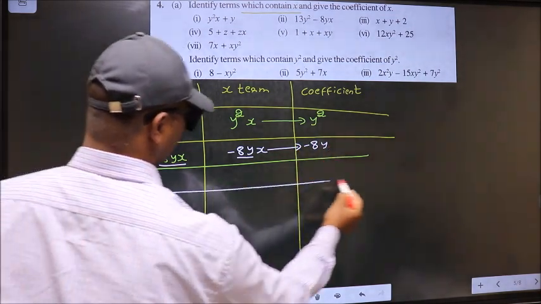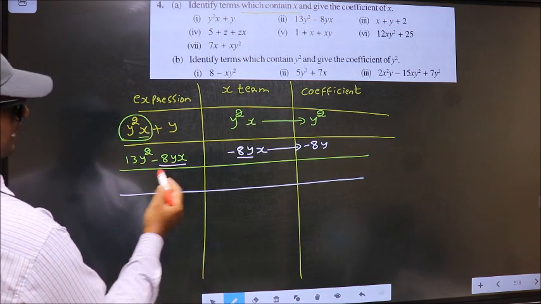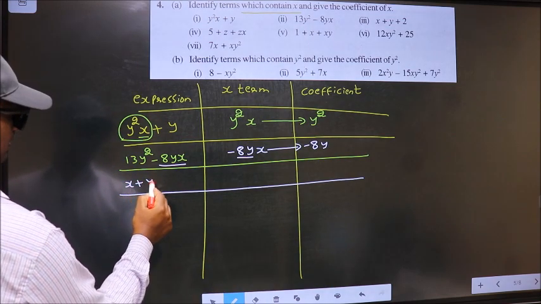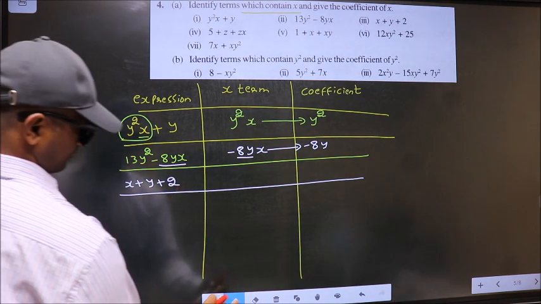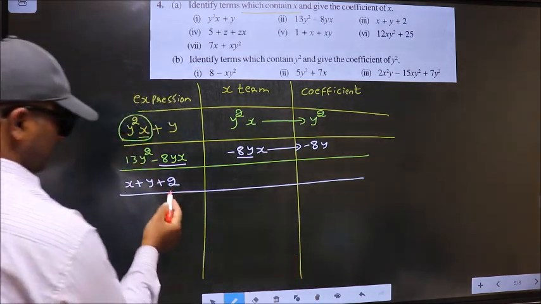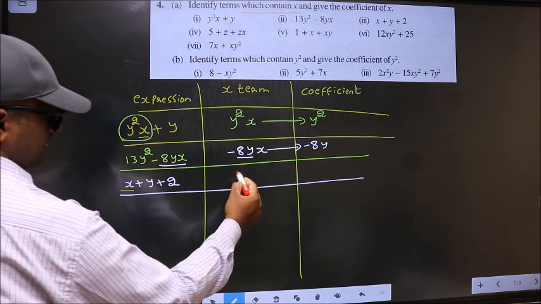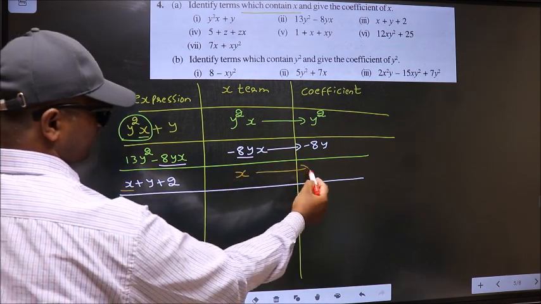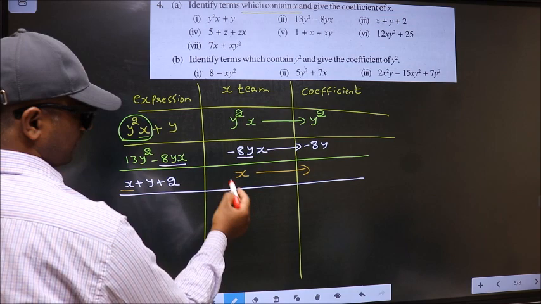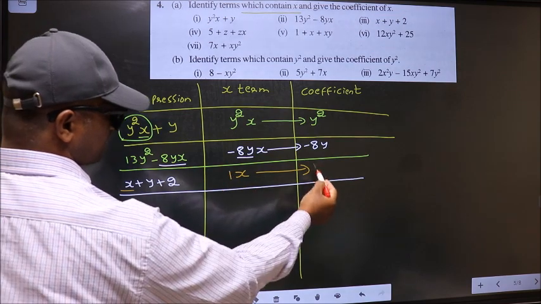Okay. Next, x plus y plus 2. In this expression, where do you have x? Here. So this is the x term, and the coefficient is whatever you have before x. Nothing means 1, so put 1.